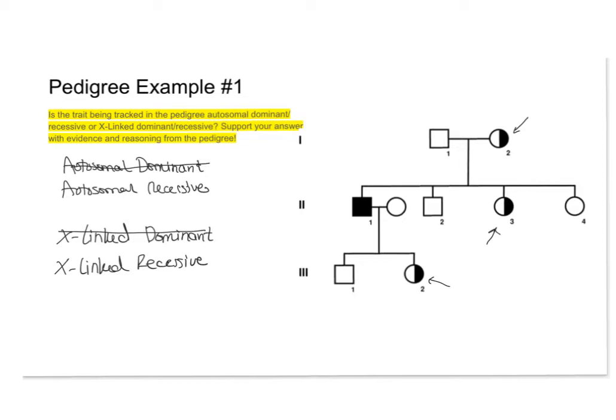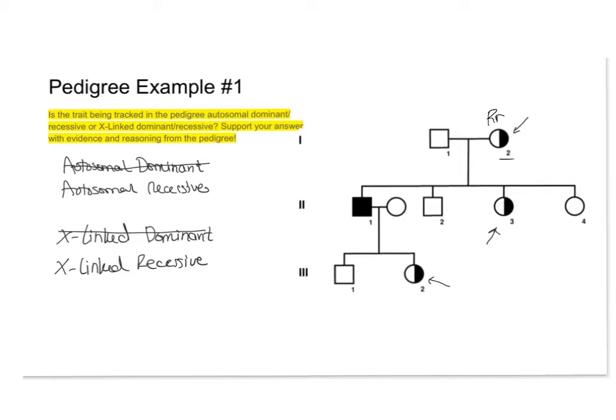Okay, so to determine if it's autosomal recessive or X-linked recessive, what I like to do is walk through some parts of the pedigree, assuming that it's either one of these. So let's start with autosomal recessive. If the trait is autosomal recessive, that means that the genotype for these individuals in generation 1 must be, using the letter R, for example, heterozygous, which is the carrier genotype.